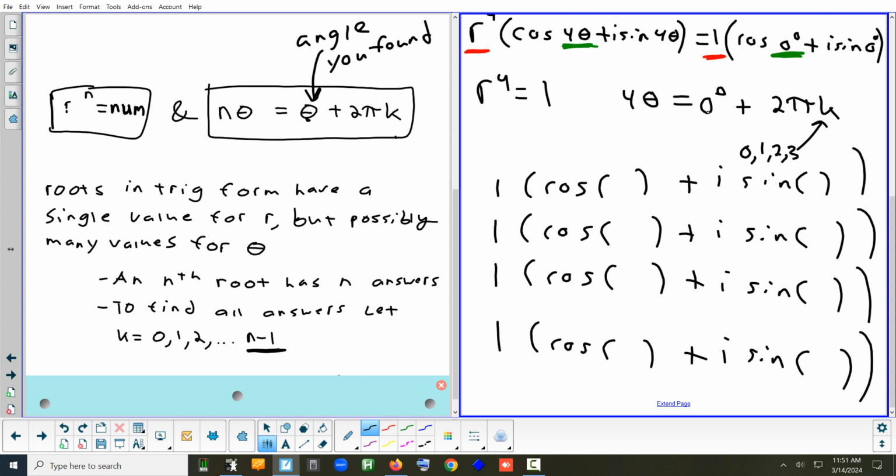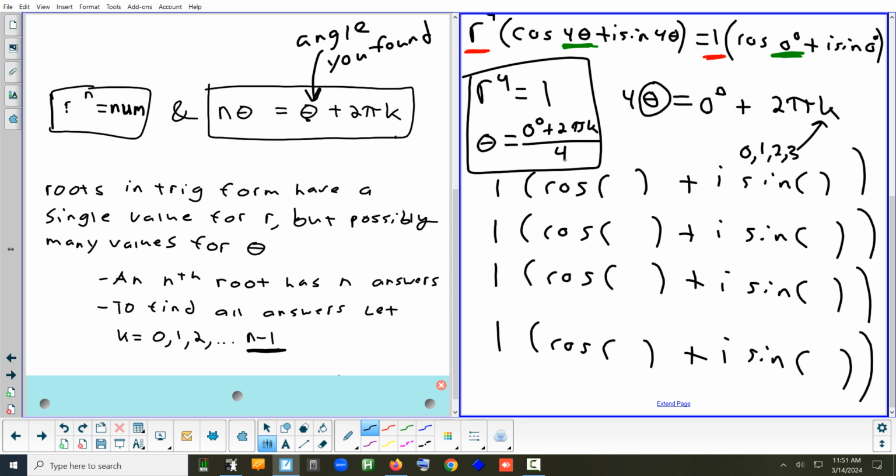All right, so what I usually do before I start plugging in for k, it's easier to get this alone. So how would I get theta by itself so the 4 is not next to it? Yeah, divide both sides by 4. So your formula for theta, just leave the 0 degrees, but it's 0 degrees plus 2 pi k over 4.